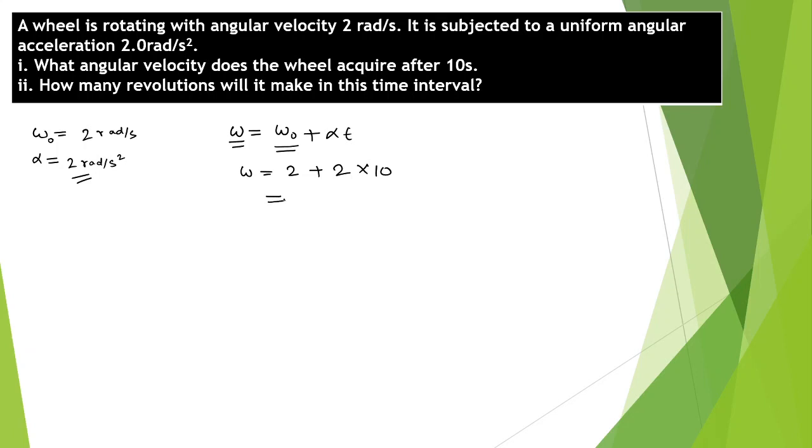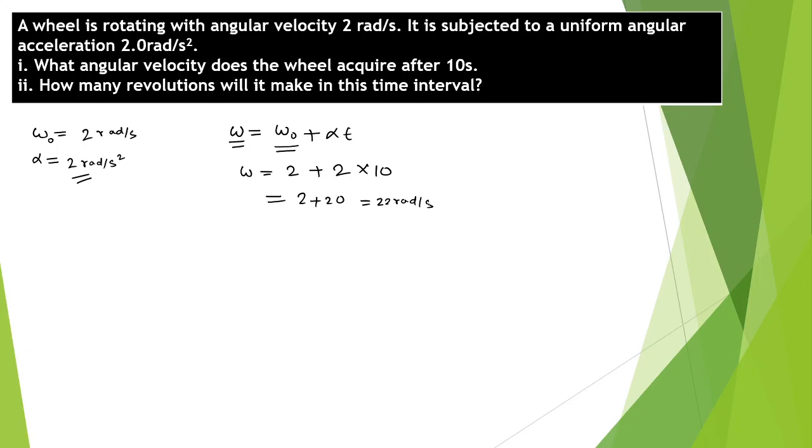So we can say that it will be 2 plus 20, and it will be 22 radian per second. So that is our answer. This is the value of omega after 10 seconds. Got it?